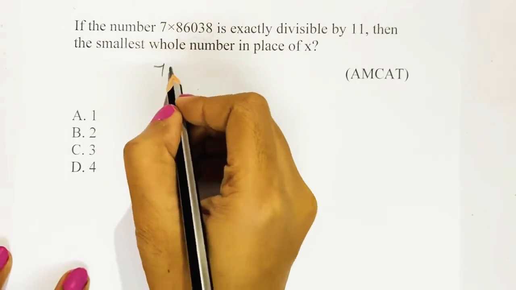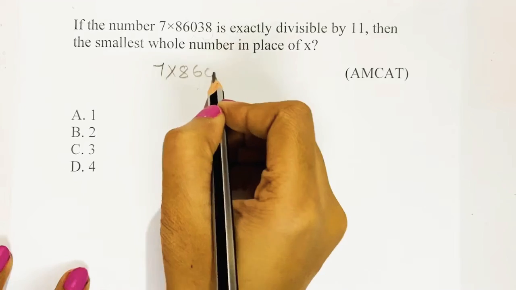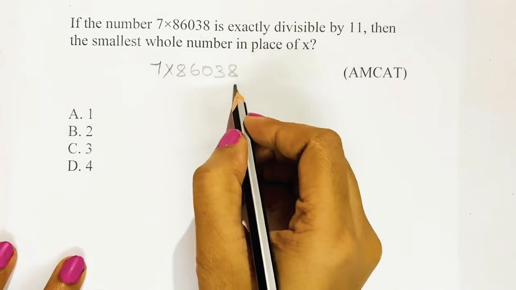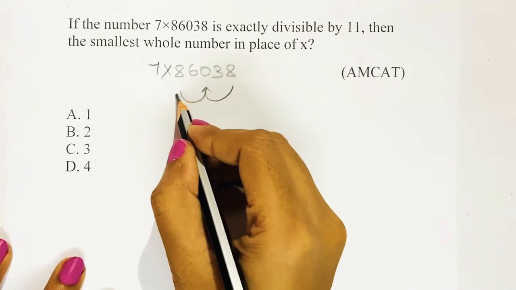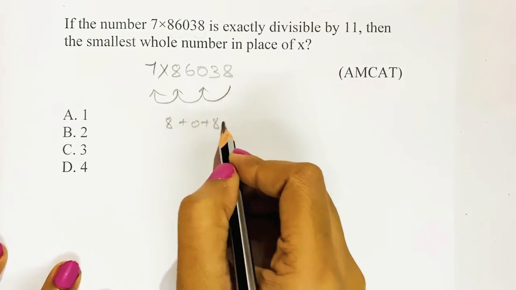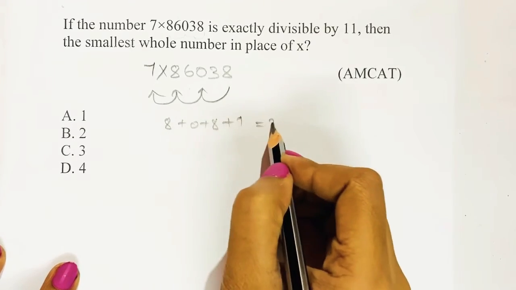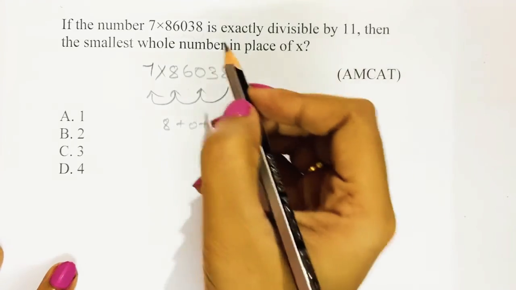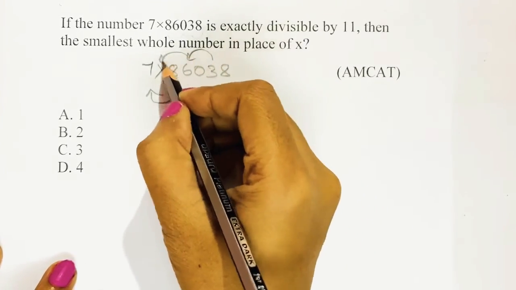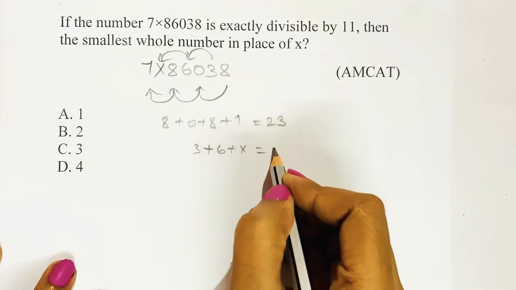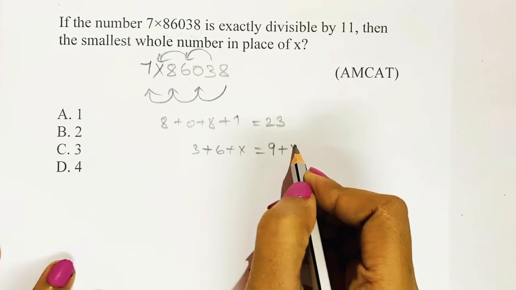Here the number is 7x86038. The sum of the digits in odd places will be 8 plus 0 plus 8 plus 7, which will be 23. The sum of the digits in even places will be 3 plus 6 plus x, which will be 9 plus x.